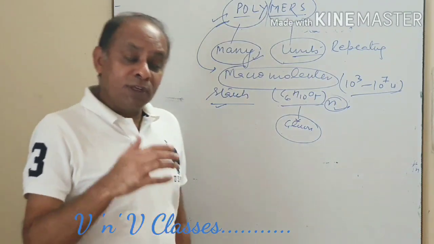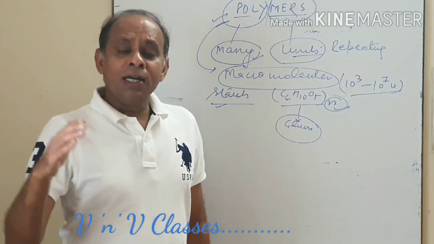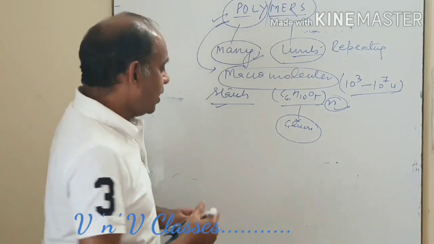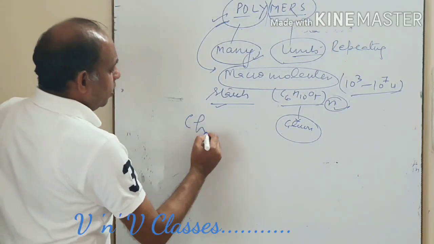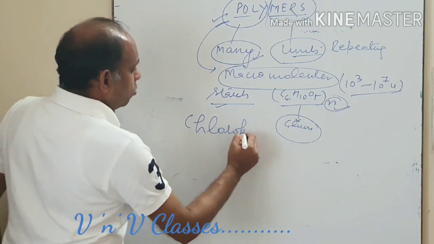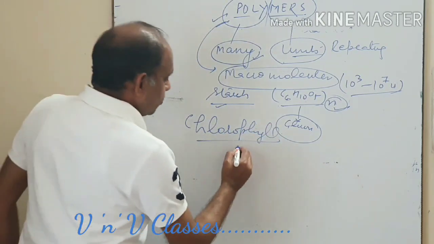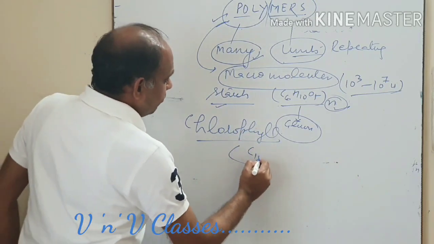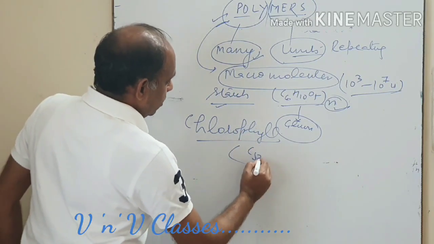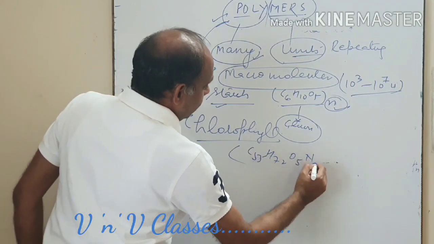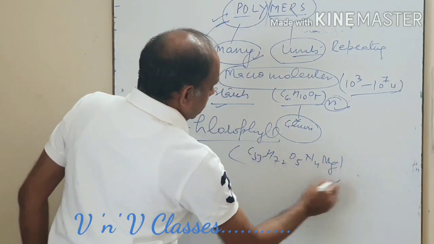Macromolecules are molecules which have large molecular masses and large size. Let us take an example of chlorophyll. We all know it is an important part of leaves in plants. Its molecular formula is C55H72O5N4Mg.